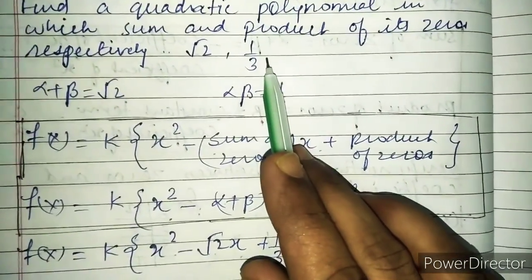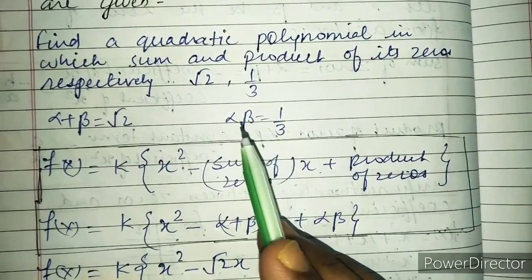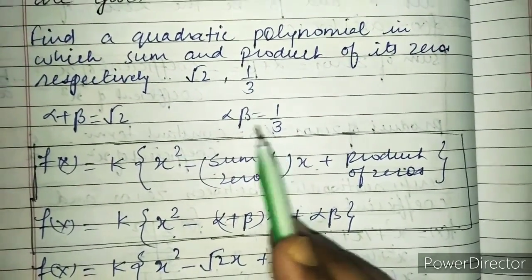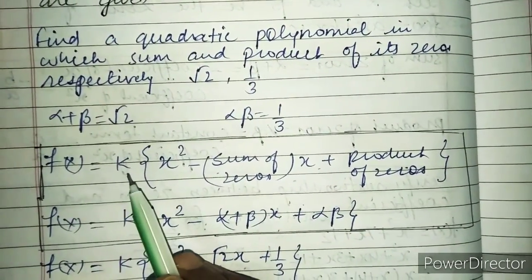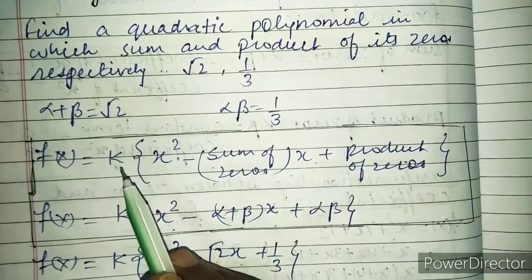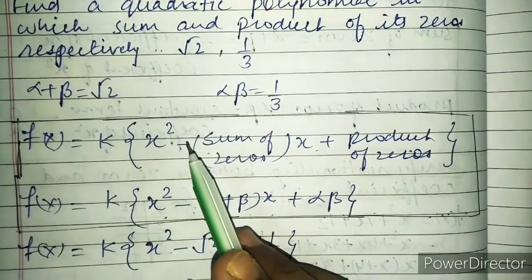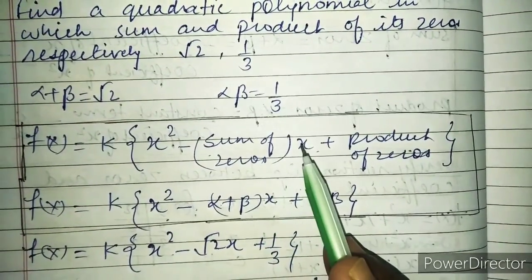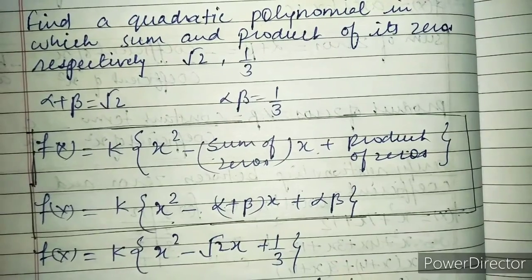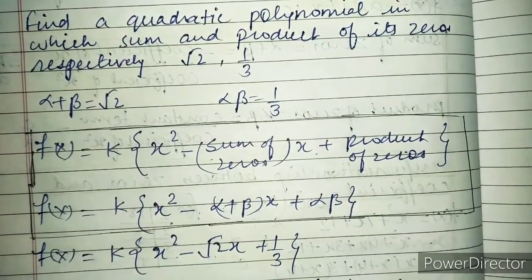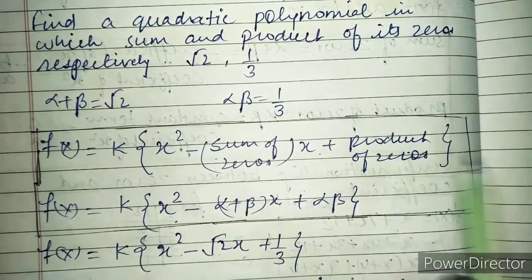Here we have a formula to make a quadratic polynomial when the sum and product of zeros are given. So f(x) equals k, where k is the constant. This you have to write every time. f(x) equals k in bracket x² minus sum of zeros into x plus product of zeros.